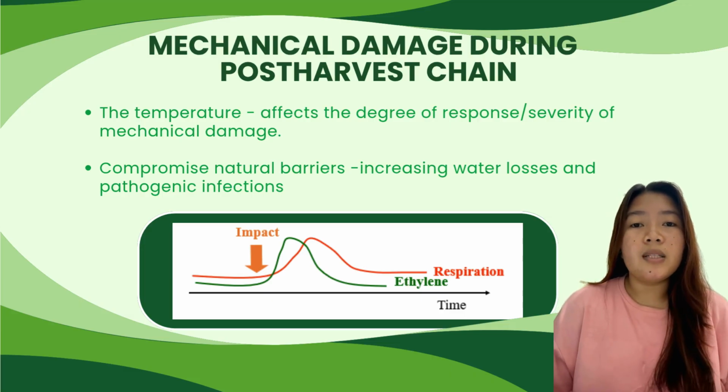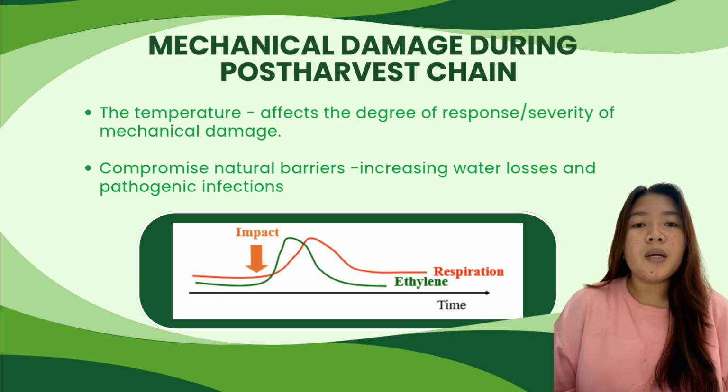Now let's talk about handling. In our image, we see how mechanical damage affects the crop. Even a small bruise or scratch compromises the natural barriers of the plant. This leads to two big problems: increased water loss and higher risk of pathogenic infections. Look at the graph.